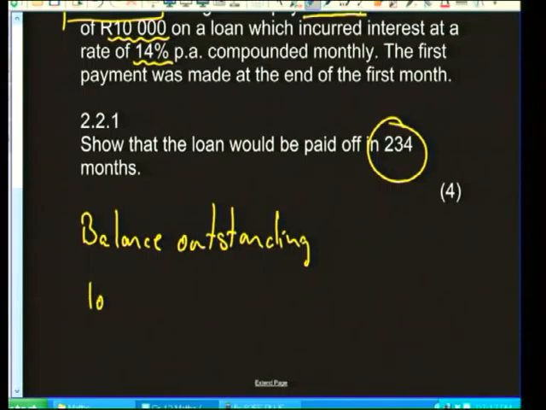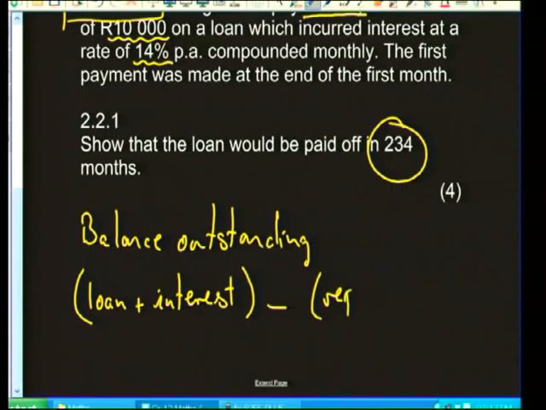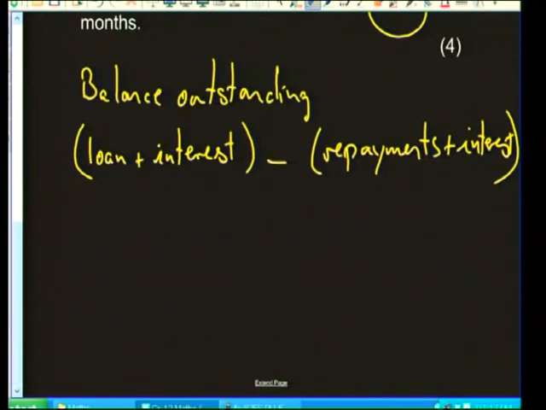Well, that's our loan plus the interest that it accrues minus our repayments and the interest that gained. Okay, so what is the loan? The loan was 800,000.